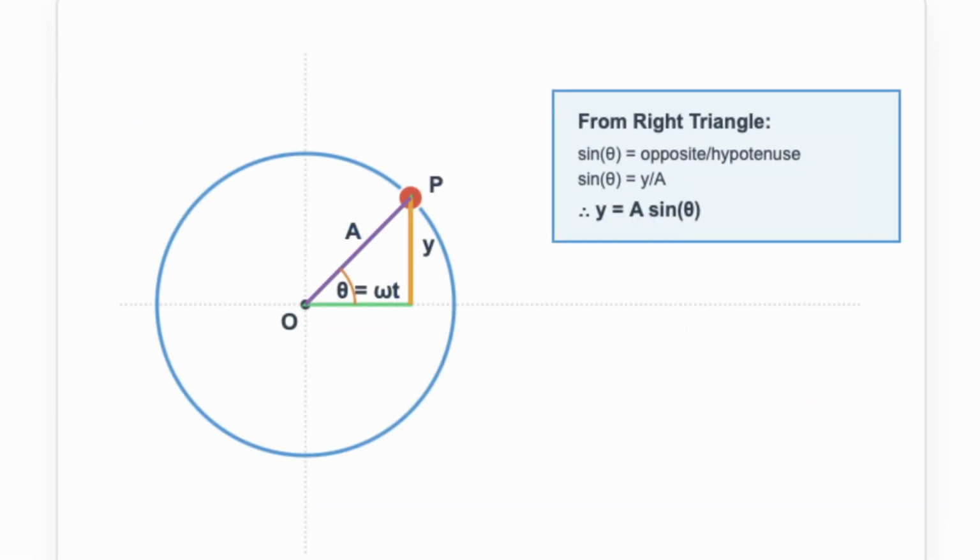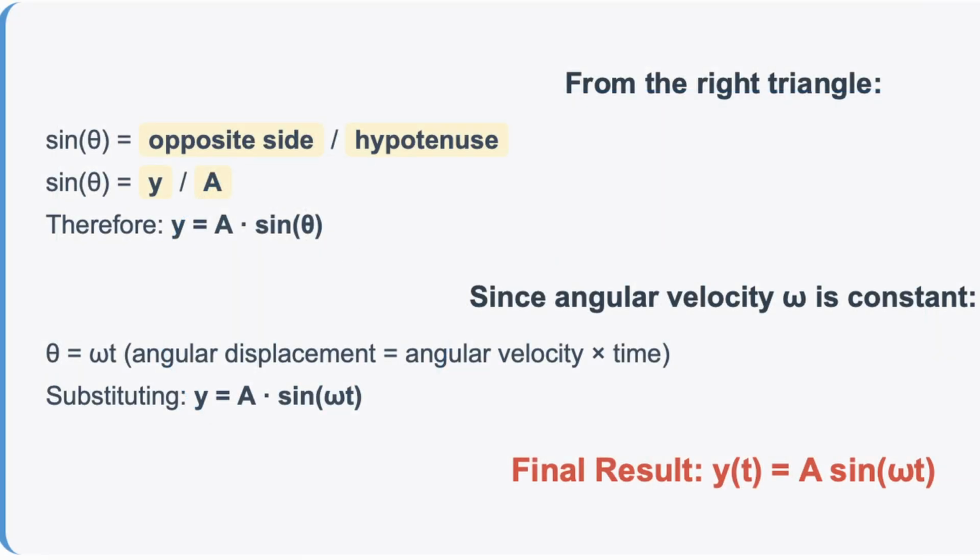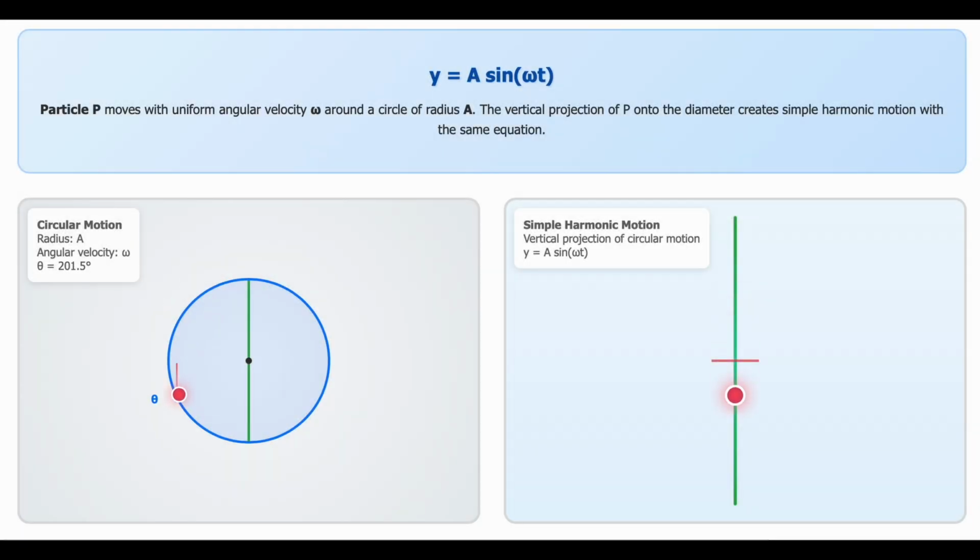Using basic trigonometry, we write sin theta equals vertical projection by radius, that is equal to y by a. Since angular velocity is constant, angular displacement increases linearly with time, theta equals omega t, which gives us the relation y equals a sin omega t. This equation represents the displacement of simple harmonic motion at time t.